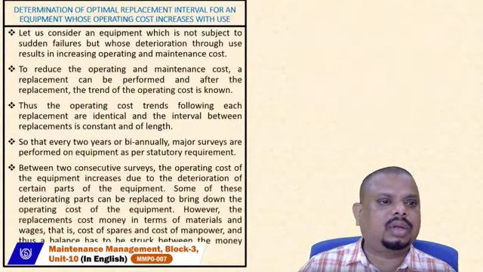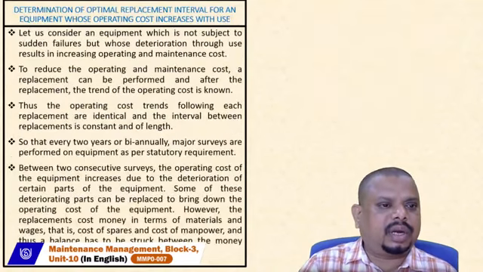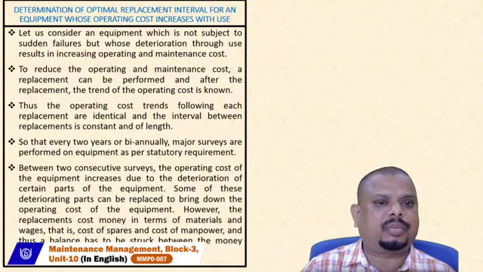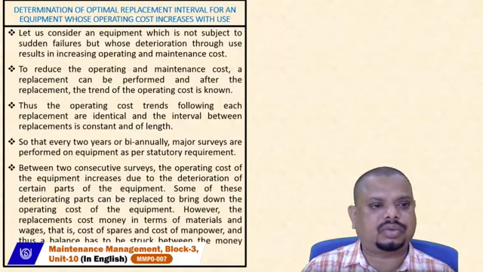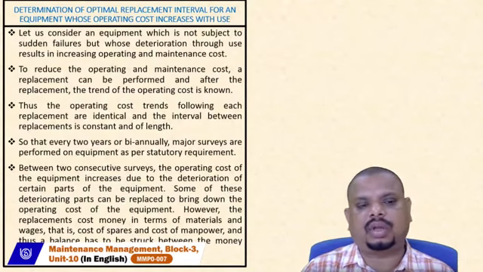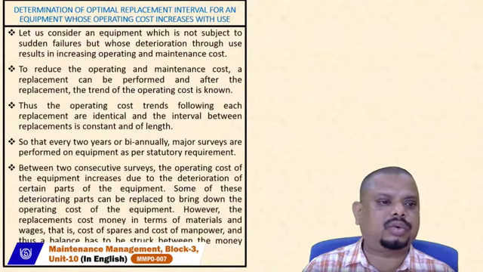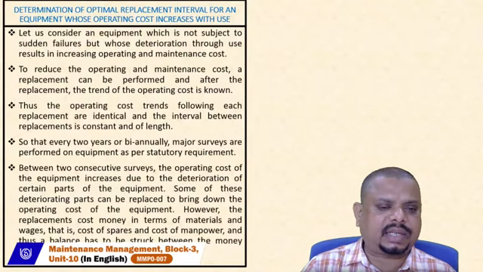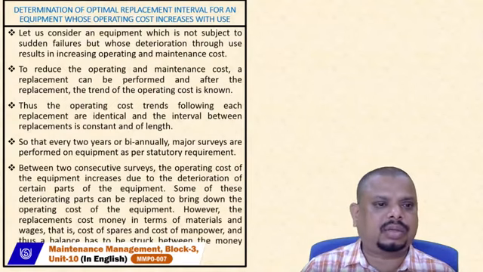Moving to the next one. The next one is determination of optimal replacement for equipment whose operating costs increase with use. Let's consider equipment which is not subject to sudden failure, but whose deterioration through use results in increased operating and maintenance cost. Let's take the example of a gearbox.